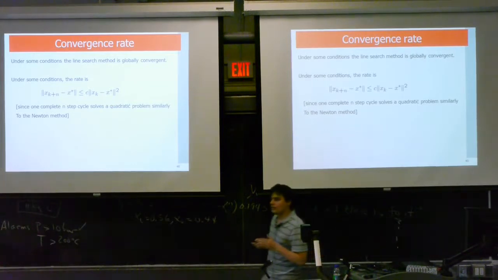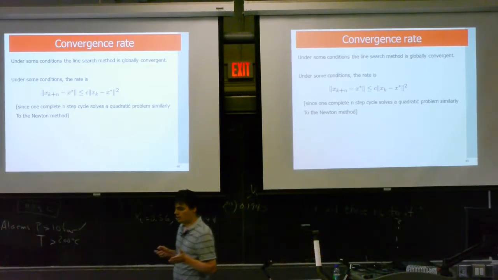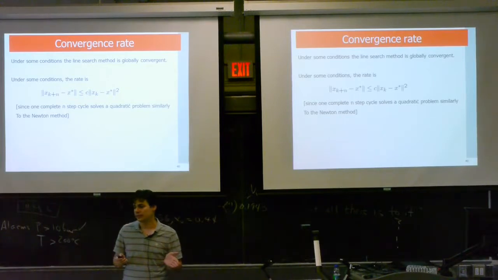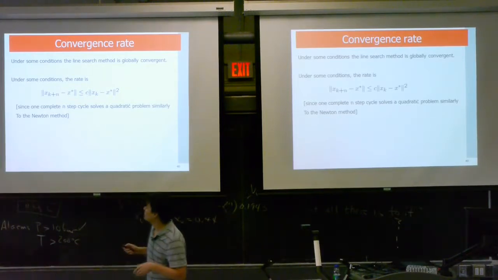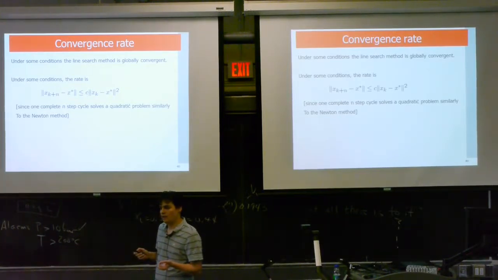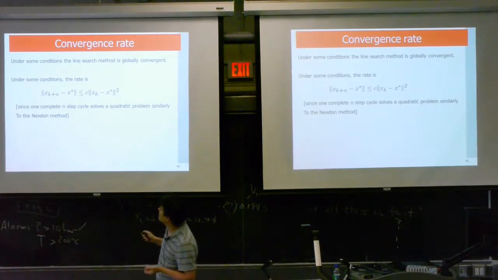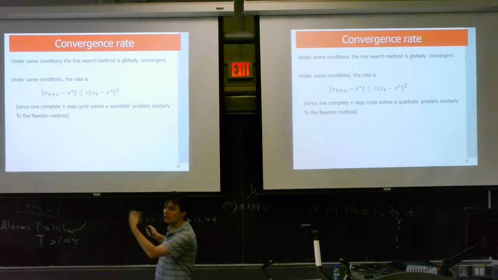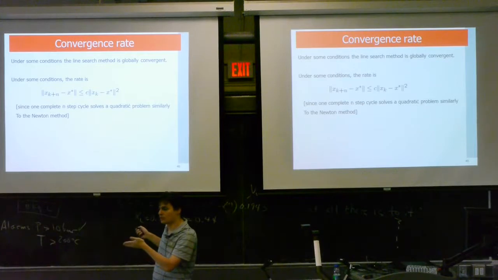So as you remember, the Newton method has quadratic rate, right? So here, we cannot really get that, but we have something similar that is after n steps. So we will have this rate for the result, C is a constant. After n steps, the error will look like this, then it has a quadratic rate.